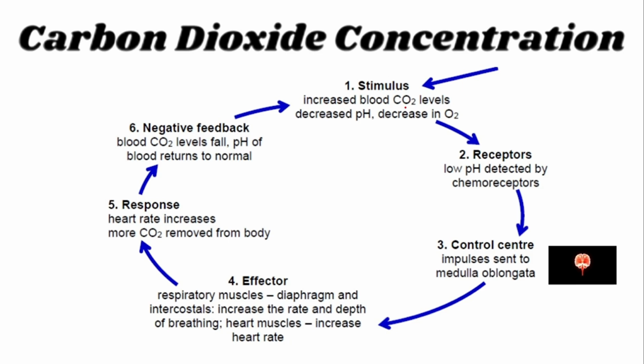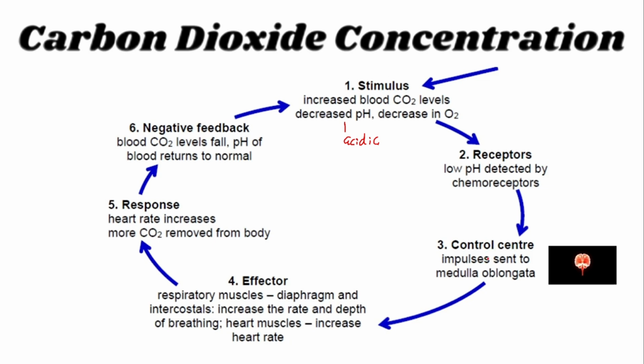Now, if we have too much carbon dioxide in our blood, it's going to decrease the pH because now the blood is going to become acidic, okay? It's going to become acidic, and the receptors in our blood will detect, and that's by means of chemoreceptors. So basically chemicals in your blood will detect the acidic environment, and then it's going to reach out to the control center.